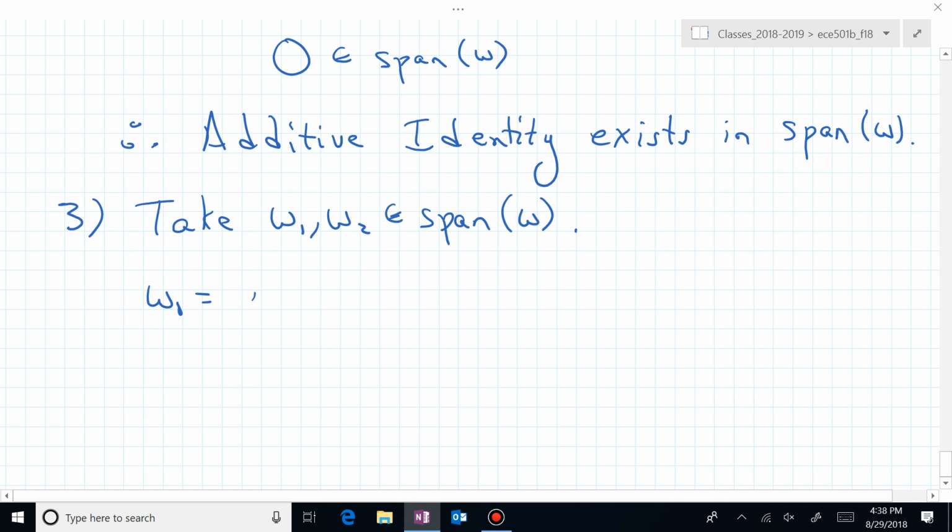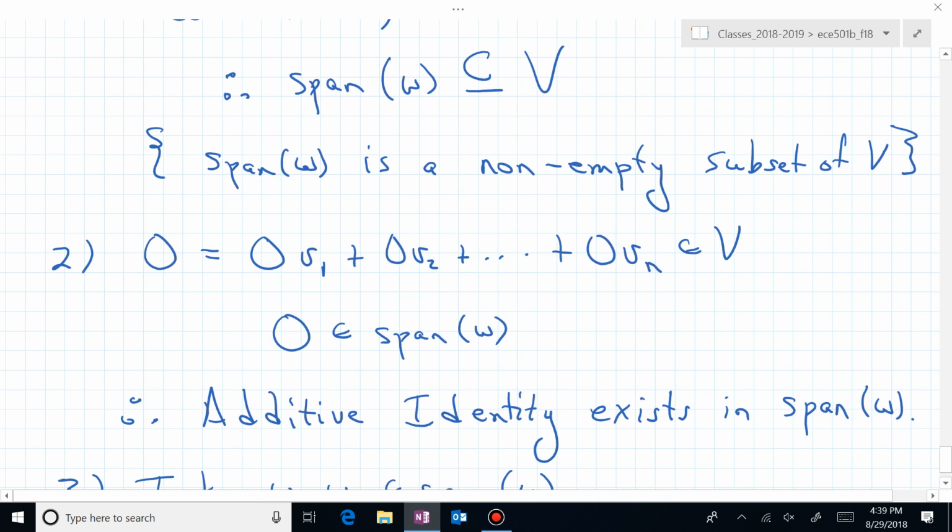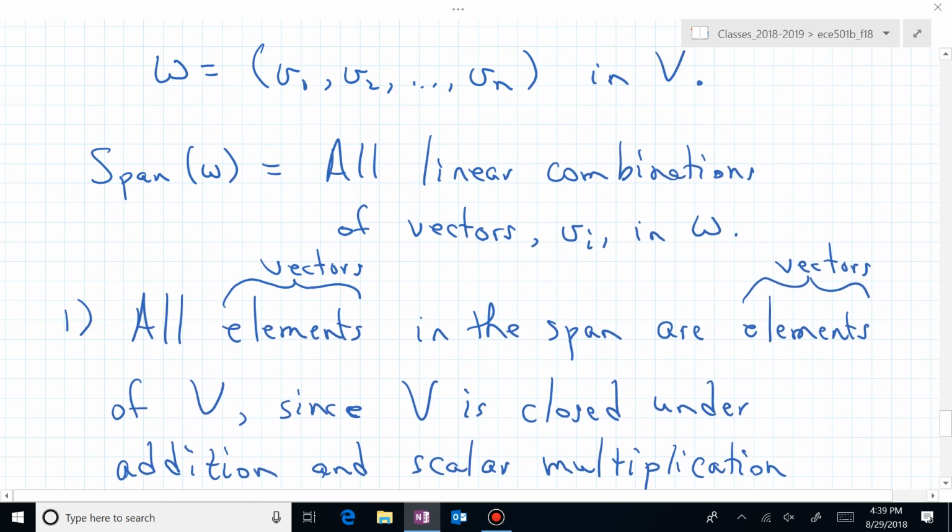So let me say that this is A11 times V1 plus A12 times V2, etc., down to A1n times Vn. Did I start with n number of vectors?